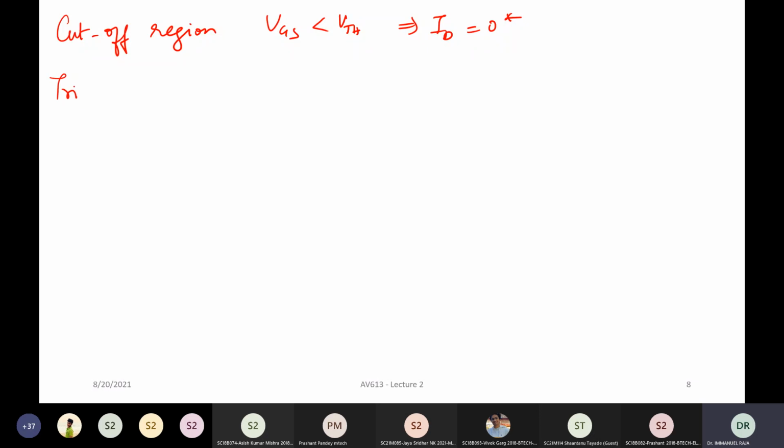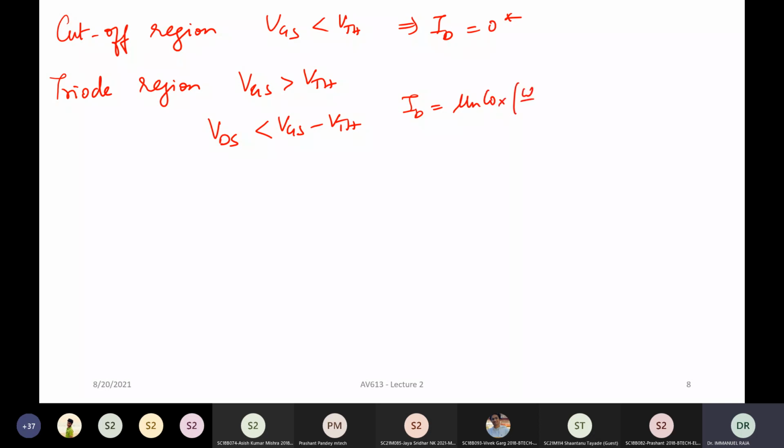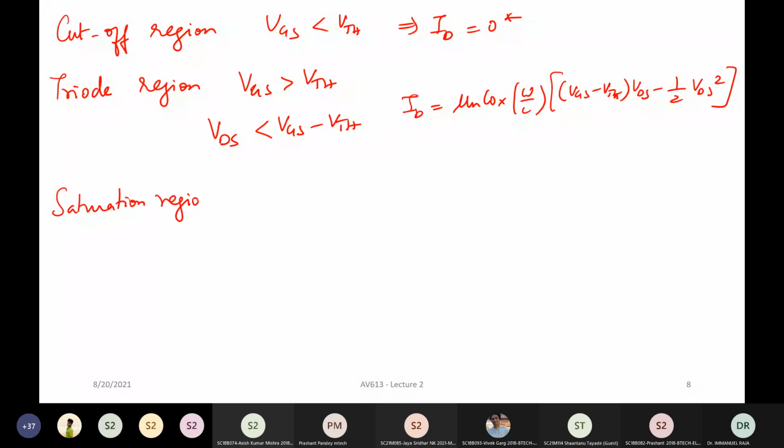And then we saw the triode region, where VGS is greater than VTH and VDS is less than VGS minus VTH, and ID is given by mu n Cox W over L into VGS minus VTH into VDS minus half VDS squared. And then we also saw the saturation region, where VDS is greater than VGS minus VTH.